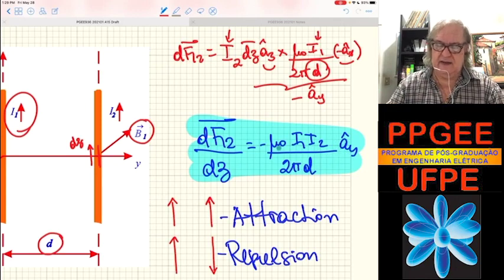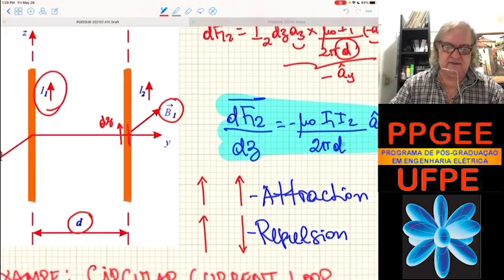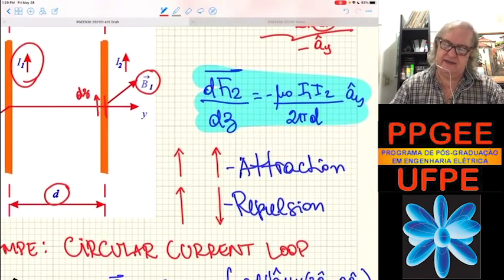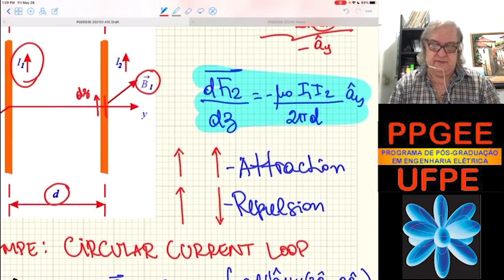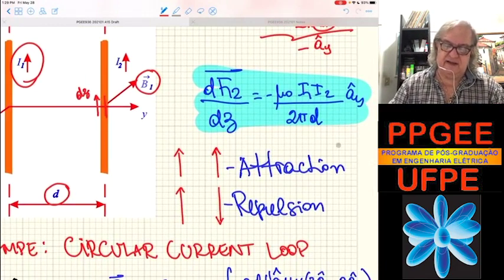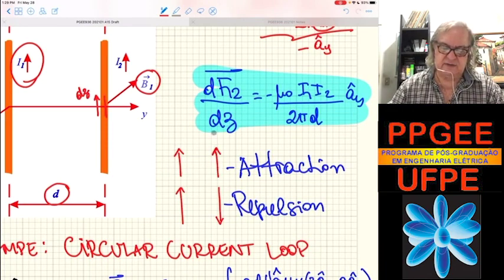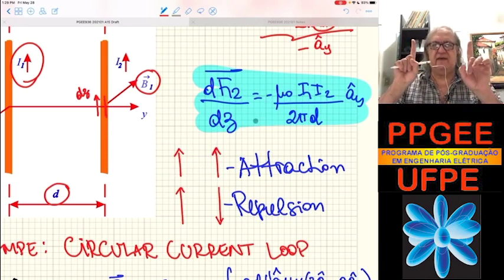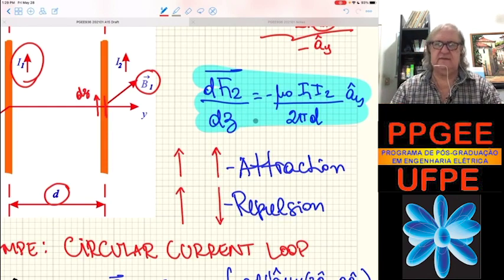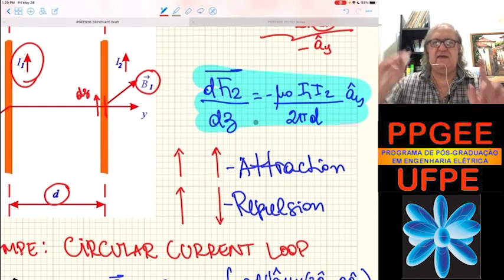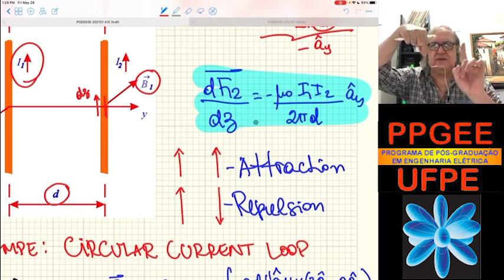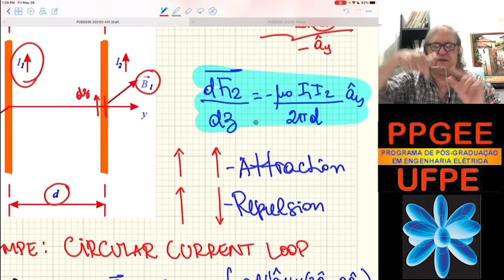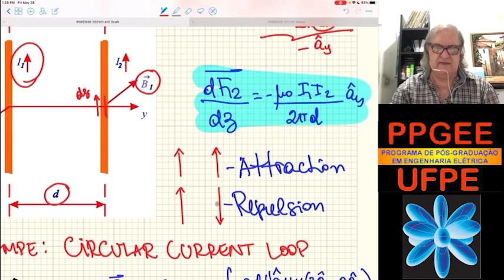So it's going to be minus ay, as we already told you before. So if the wires have currents that go along the same direction, you're going to have an attractive force. So currents going in the same direction are going to be attracted, right? And currents in opposite directions are going to repel each other. So that's what we have, okay?